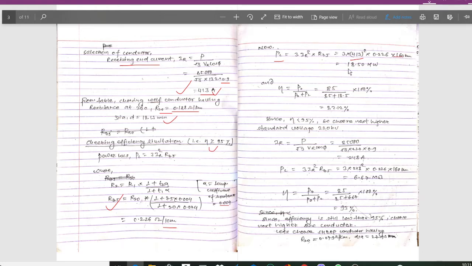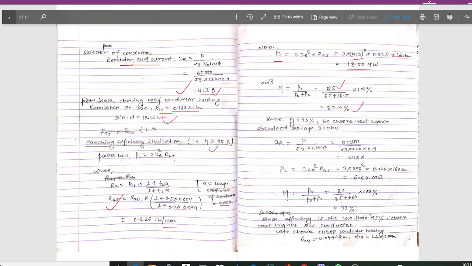So we will get 18.50 megawatt. Similarly, efficiency is P naught upon P naught plus PL, and in the question P naught is given as 85 megawatt. Adding PL, which we just calculated as 18.50 megawatt, we get efficiency as 82.12%.